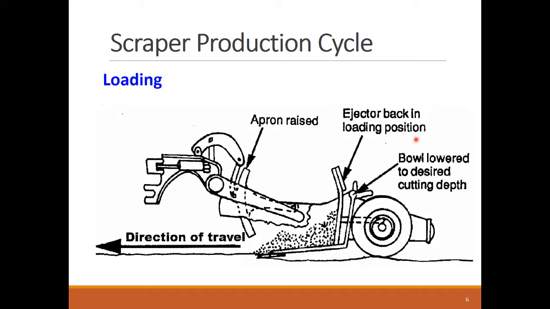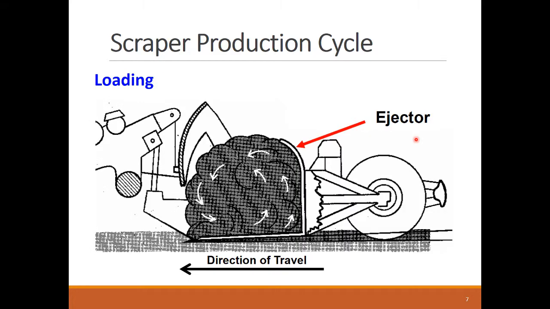The video showed us the mechanism used to load the scraper, which is done by lowering the scraper bowl and opening the apron gate while the scraper is moving forward. The soil is loaded like you scoop ice cream.